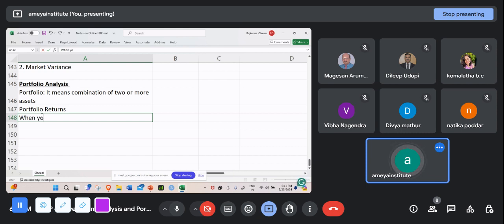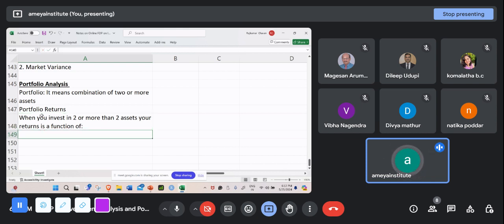When you invest in two or more assets, whatever returns you get from that portfolio are a function of various parameters.